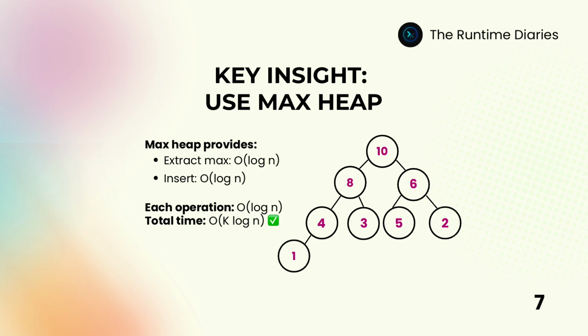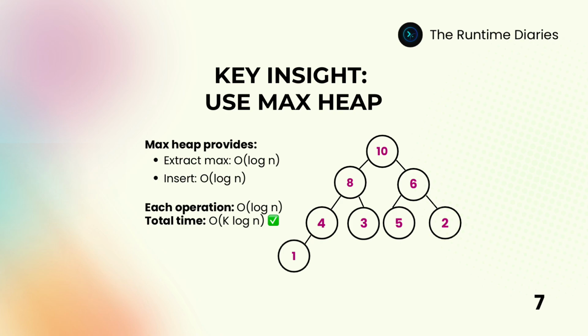This means you can extract the max or min in O of log n time, not O of n. And when you insert a new element, the heap automatically reorganizes itself to maintain the heap property. That insertion also takes O of log n time. So with a max heap, each operation becomes extract max in O of log n, insert the new value in O of log n, which is total per operation O of log n.